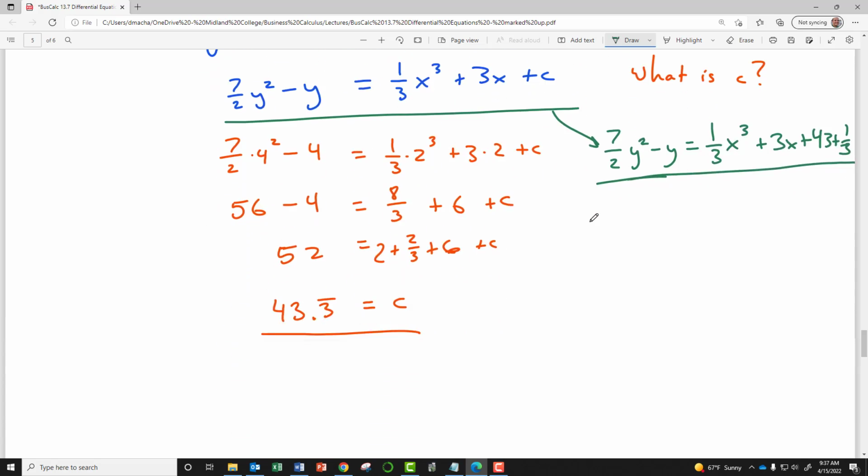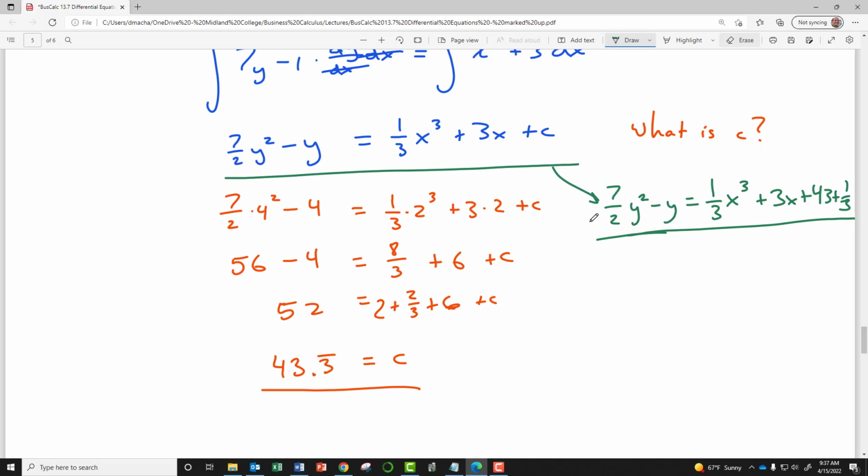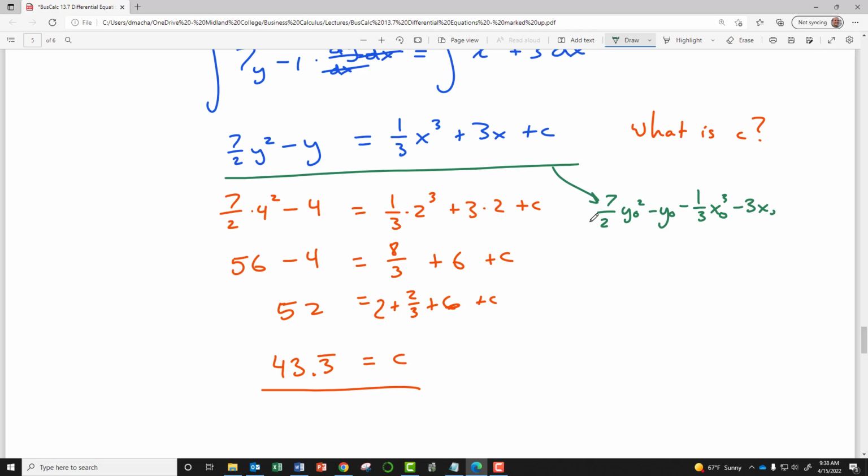Then when we ask the question, what is c, instead of plugging in 4 and 2, we would write 7/2 times y0 squared minus y0, and then I'll subtract 1/3 x0 cubed, and then I will subtract 3x0, and that's going to be equal to my value c.